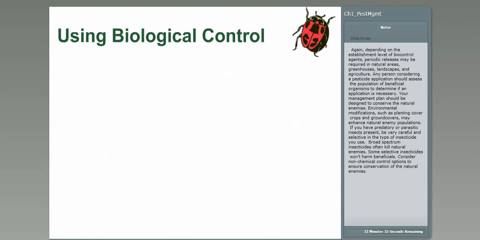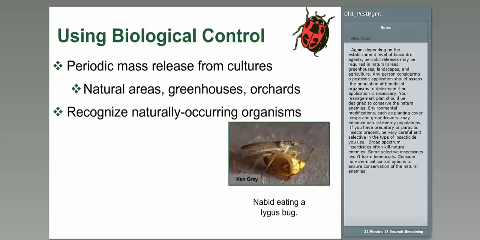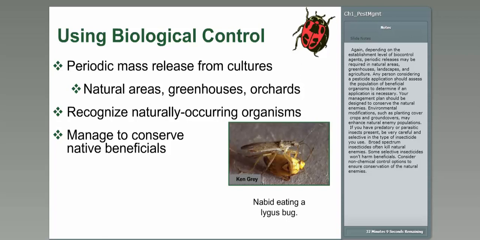Again, depending on the establishment level of biocontrol agents, periodic releases may be required in natural areas, greenhouses, landscapes, and agriculture. Any person considering a pesticide application should assess the population of beneficial organisms to determine if an application is necessary. Your management plan should be designed to conserve the natural enemies.